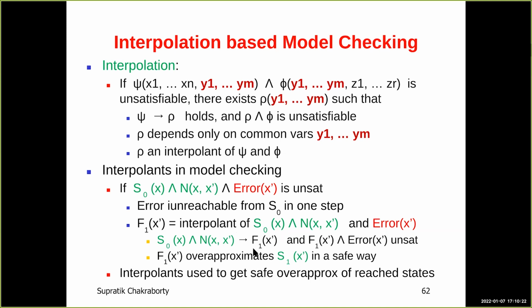So you can actually use these over approximations to speed up your search. So instead of using S1x, which would be exactly the set of states that you can reach in one step, you can use F1x, because since you have done an over approximation, but it's a safe over approximation, you can start from there and see what states you reach next, and you can do your reachability computation like that.